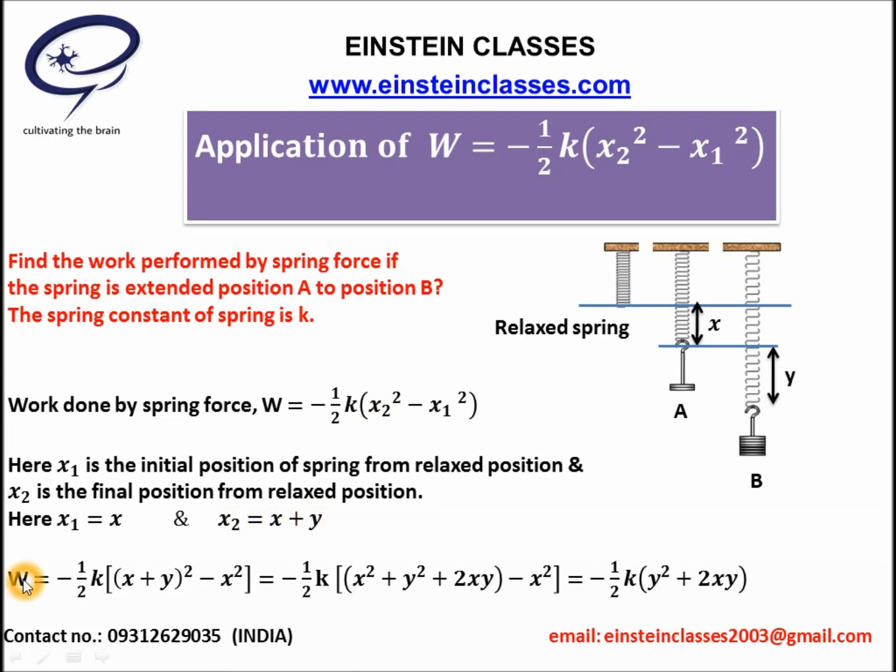To find the work done by the spring force, put the values of x1 and x2 in this expression. After putting the values, we'll get this expression. Now x plus y whole square will be written as x square plus y square plus 2xy. By doing simple calculation, you will get the work done by the spring force equal to minus half k into y square plus 2xy.